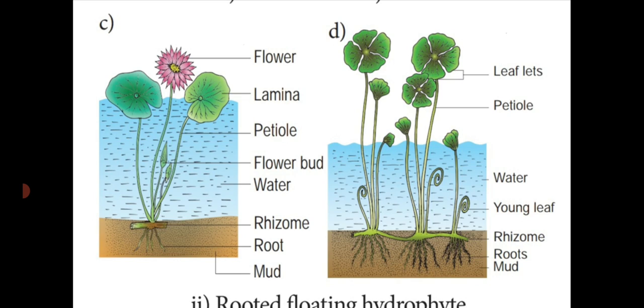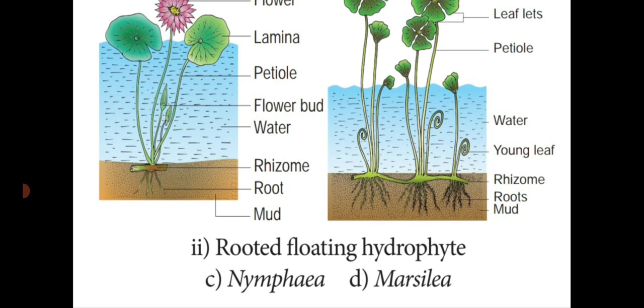They are attached to the mud region. So they are in contact with the soil. Then the stem portion is in contact with the water, and the leaf portion only in contact with the air. The stalk of the leaf is known as petiole. Young leaves look coiled in nature. That is said to be circinate vernation. So these two are examples of rooted floating hydrophytes.